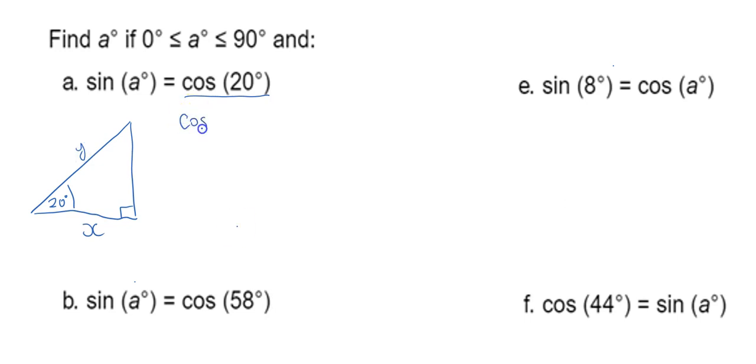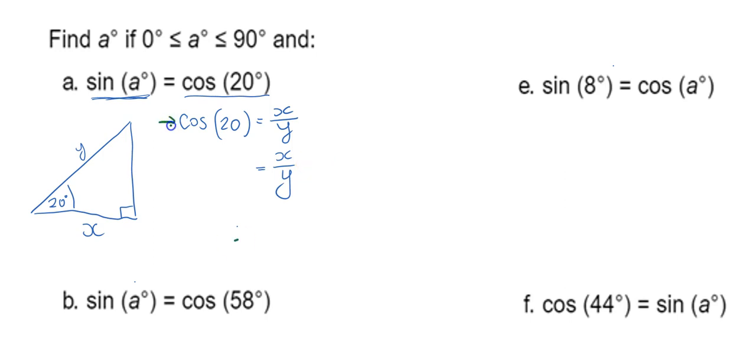So in my diagram, cos of 20 would equal x over y. Now using that same diagram, they want to know what sine of A is, and they've told us that it's equal to cos of 20. So we already know that whatever sine of A is, it has to be x over y.